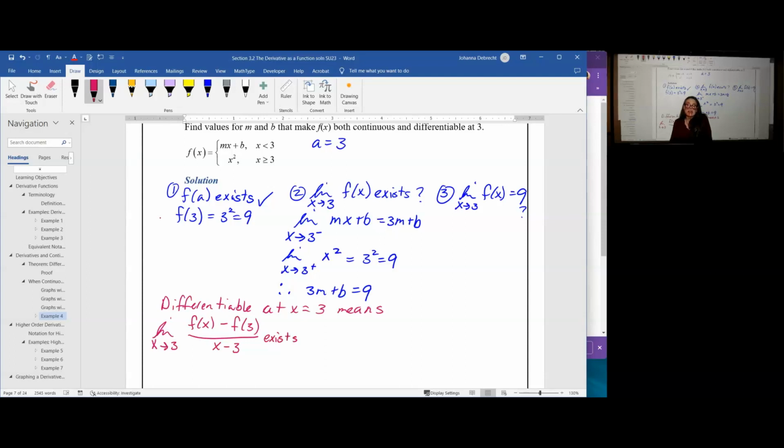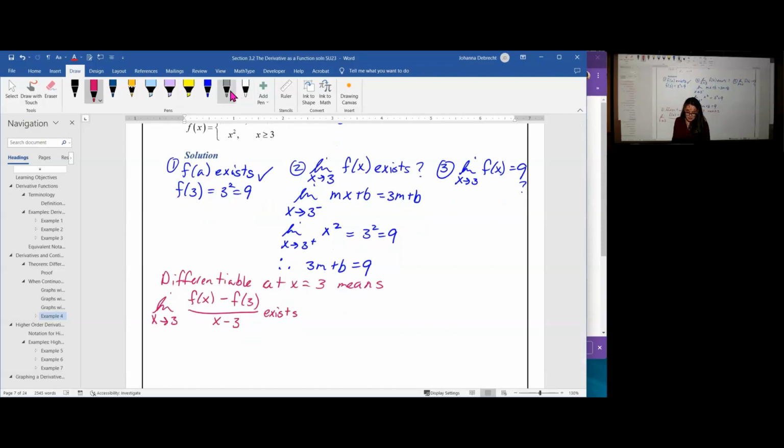Right? I've got to have that existing. However, I've got two sides, a left and a right, using different representations for the function value. I'm going to have to split this into the derivative from the left and the derivative from the right.